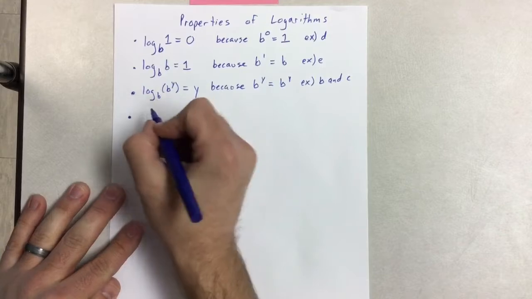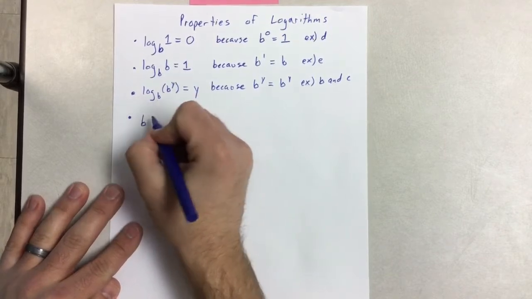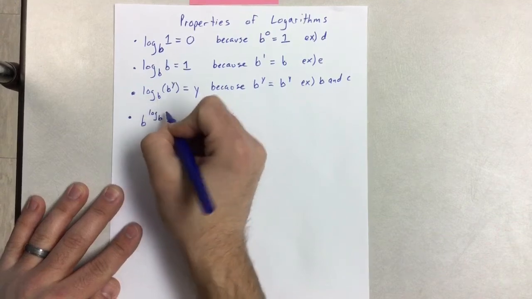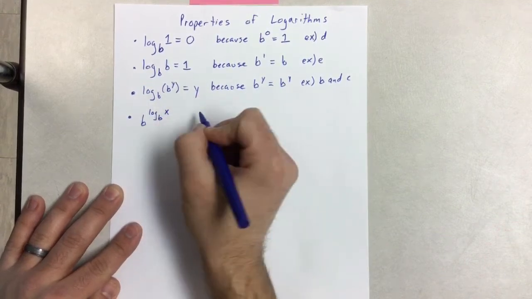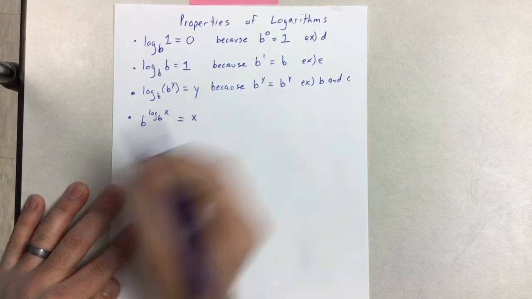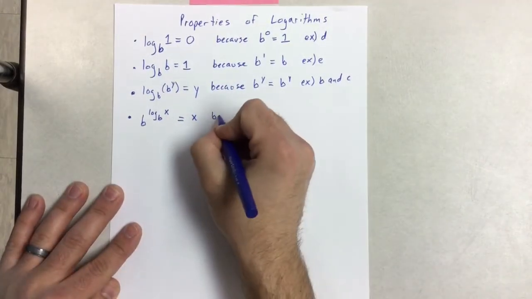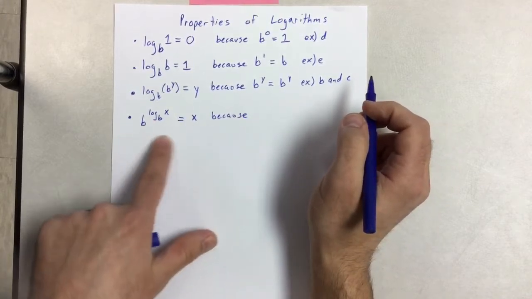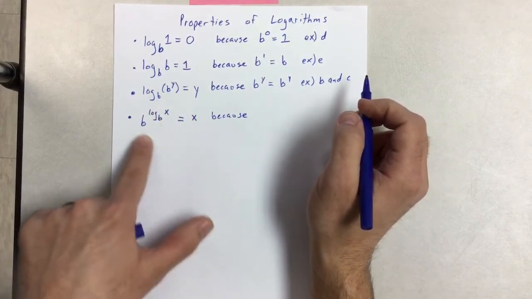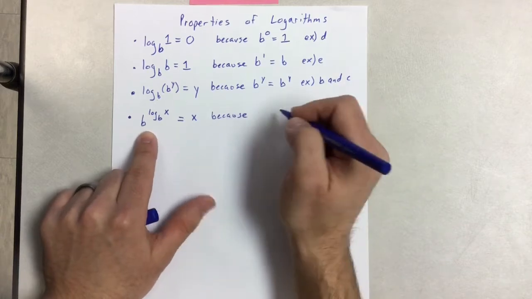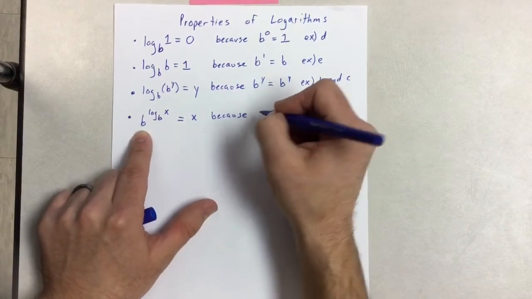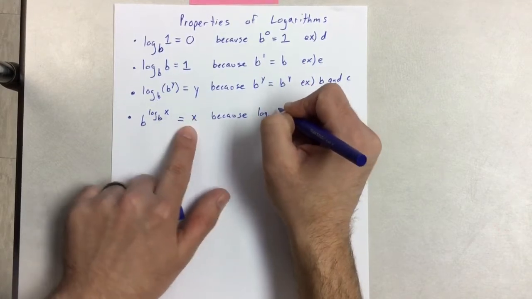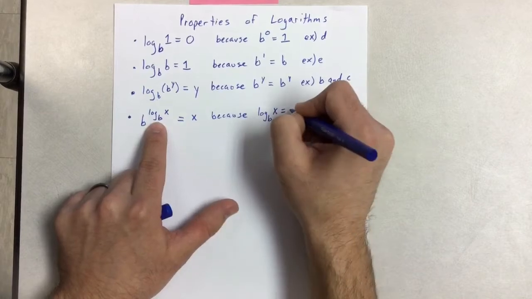In our last property, when I have the base b, and I raise it to the power of log base b of x, we get x in return. Because this is an exponential form, if I take this in exponential form and rewrite it in logarithmic form, we find base, so log of our base of our number equals our exponent.